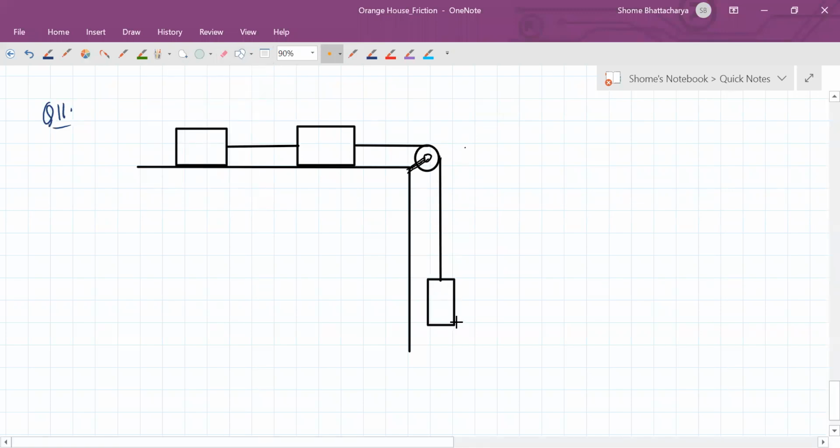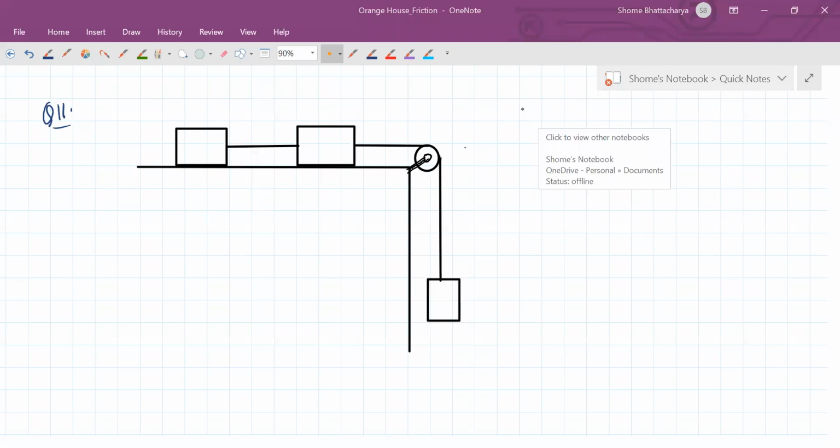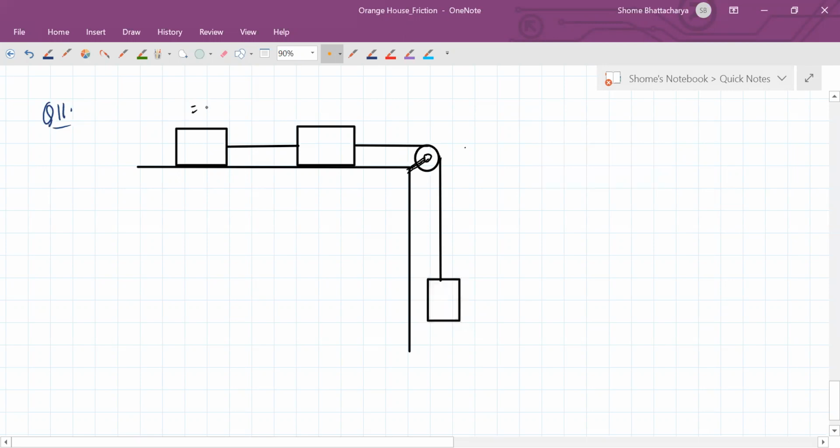And there is the block connected here. This block is a mass of 1 kg, same as this block. So these are A and B, whereas the third block C has a mass of M prime, let's say, equal to 0.5 kg. And the coefficient of friction for A is equal to that for B, which is 0.2.